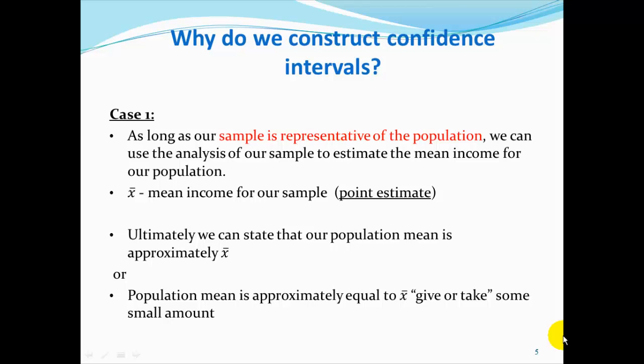After computing our sample mean, we can state that our population mean is approximately the value of our sample mean, or we can state the population mean is approximately equal to the sample mean, give or take some small amount.